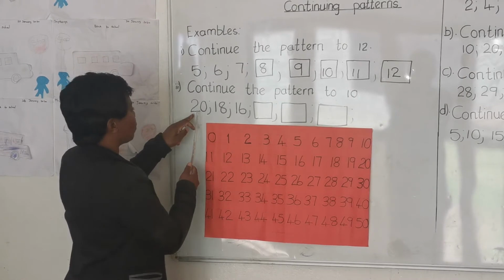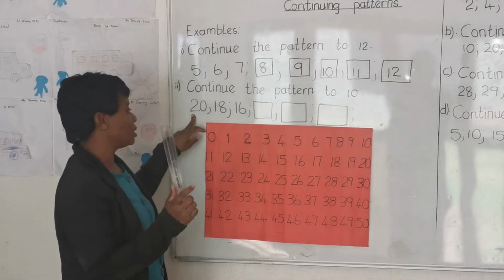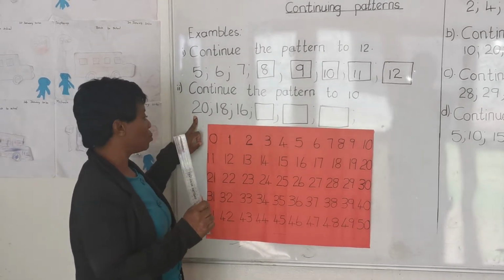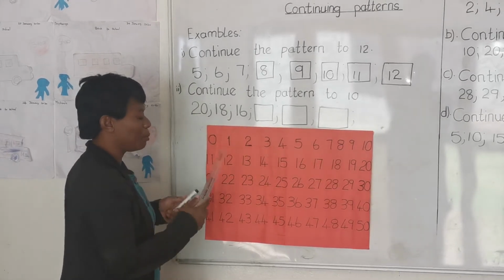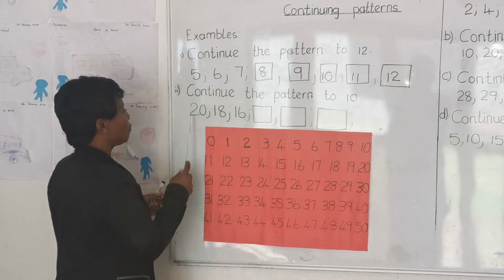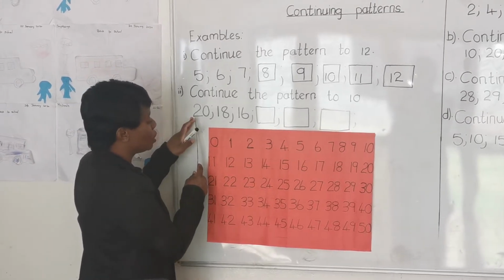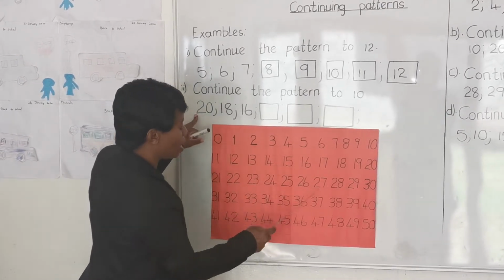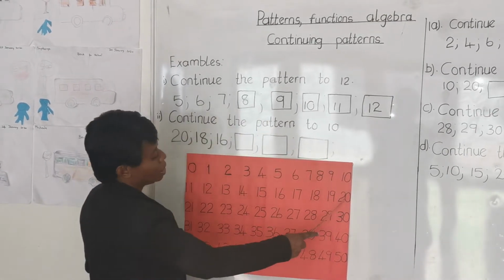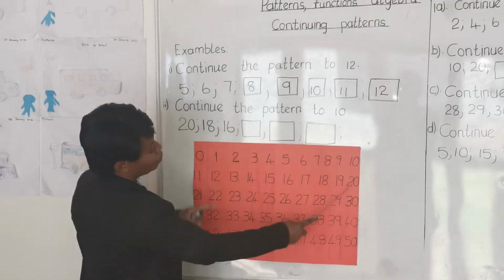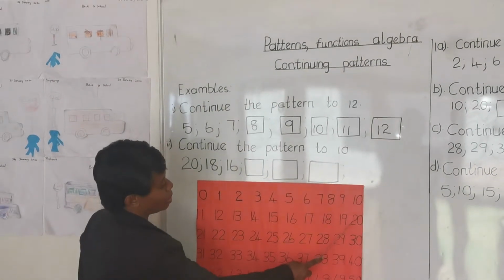So if we start from 20 and we are counting in twos. Counting in twos means we are going to add 2 numbers or to remove 2 numbers. So from 20 we are going to remove 2 numbers. We will go to our number chart and look for 20. Here is our 20. So we are going to remove 2 numbers from 20.